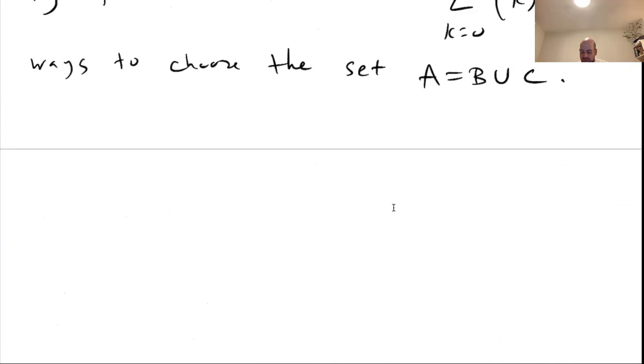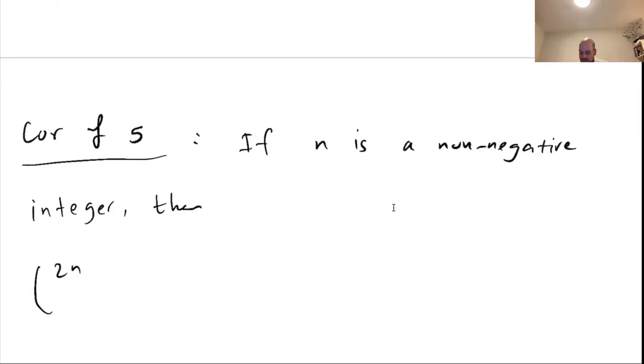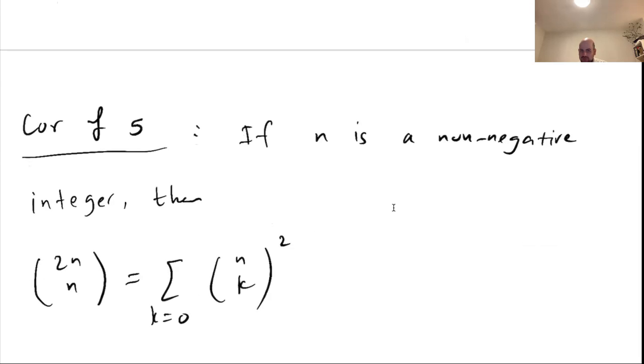And the corollary of 5 is that if n is a non-negative integer, then 2n choose n is equal to sigma n choose k to power 2, k from 0 to n.